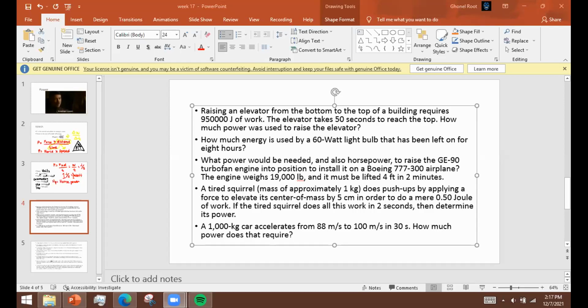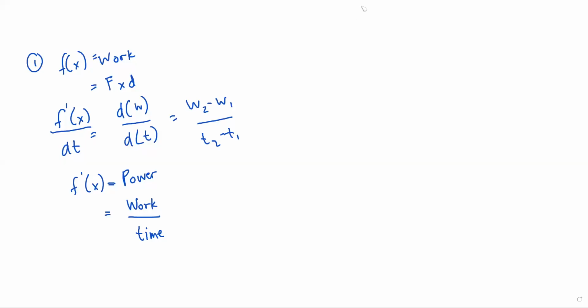So, ayan. Burahin lang natin to. So, power. Sample problems. Okay, number 1. So, meron tayong work given, which is equal to 950,000 joule.